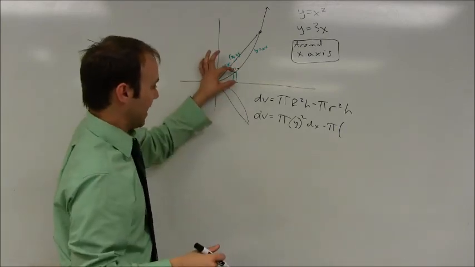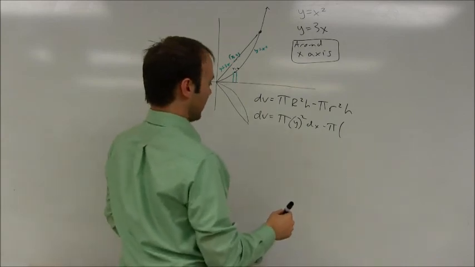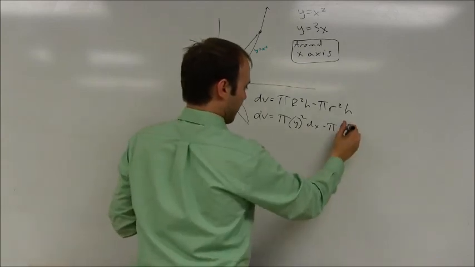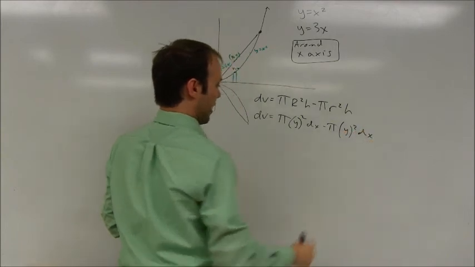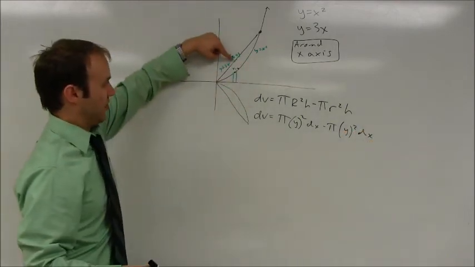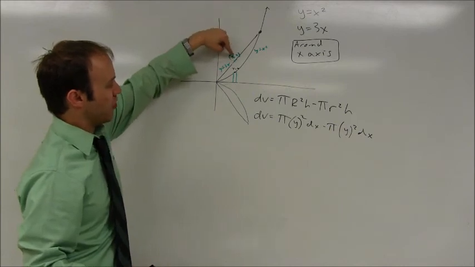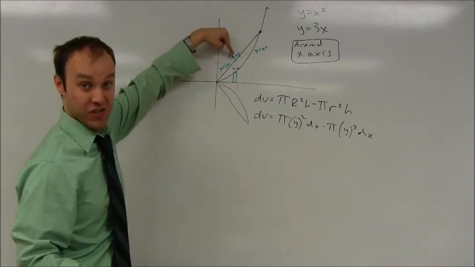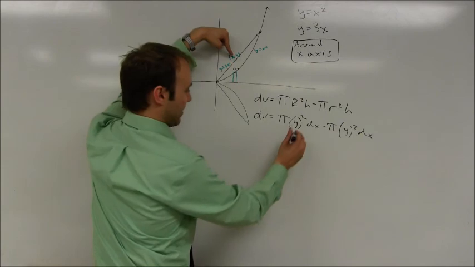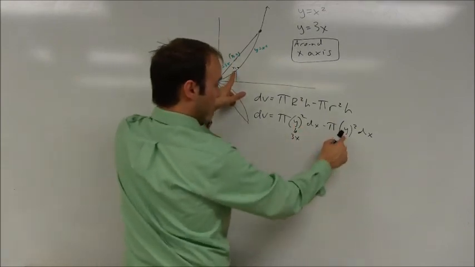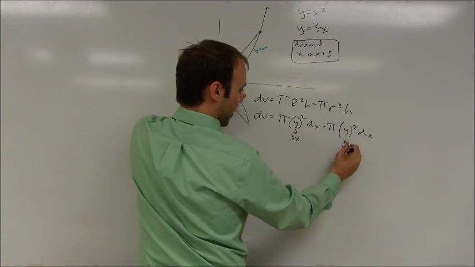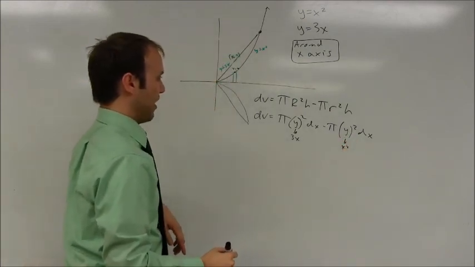But the little radius, again, is the little y coordinate squared times dx. Now, the big y value was coming from the outer equation here. In fact, you may want to go ahead and do your substitution at the time. That's that y equals 3x equation. The little y radius was coming from y equals x squared, and now you have your equation.